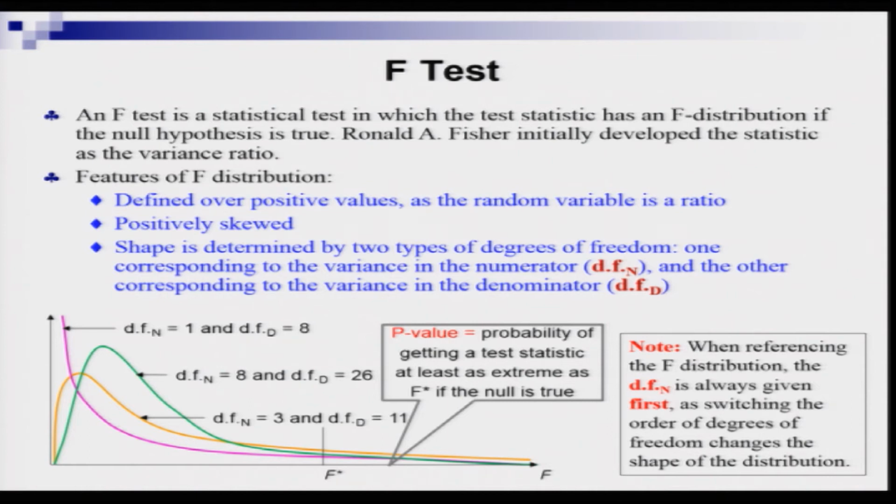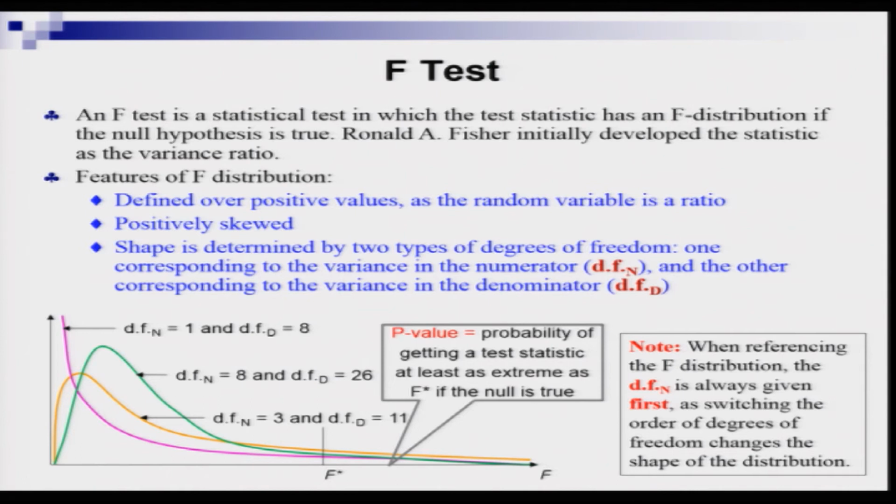Okay, now I am going to tell you about one statutory warning, or you can see that as a cautionary note. When you are referencing the F distribution, when you are trying to get the critical values from an F table, then dfn, the degrees of freedom corresponding to the numerator, is always given first.